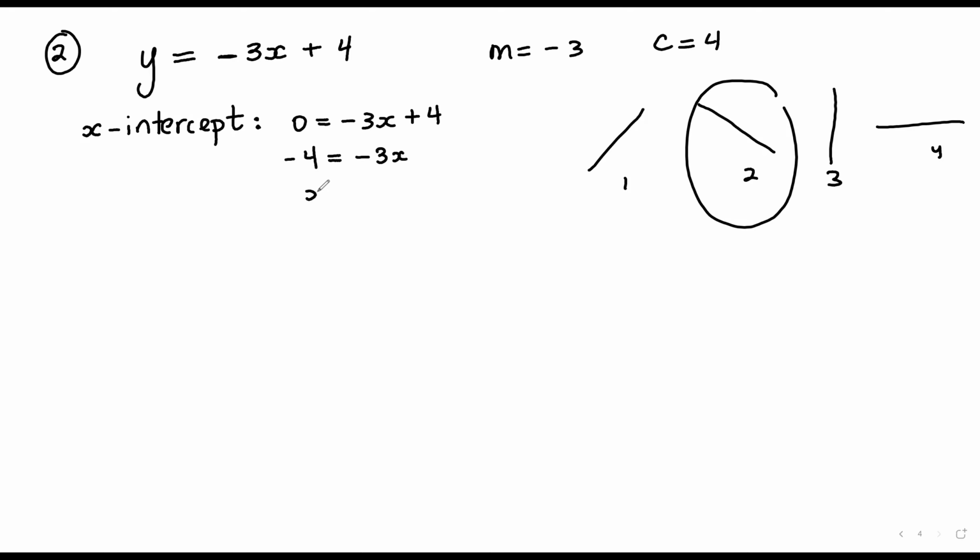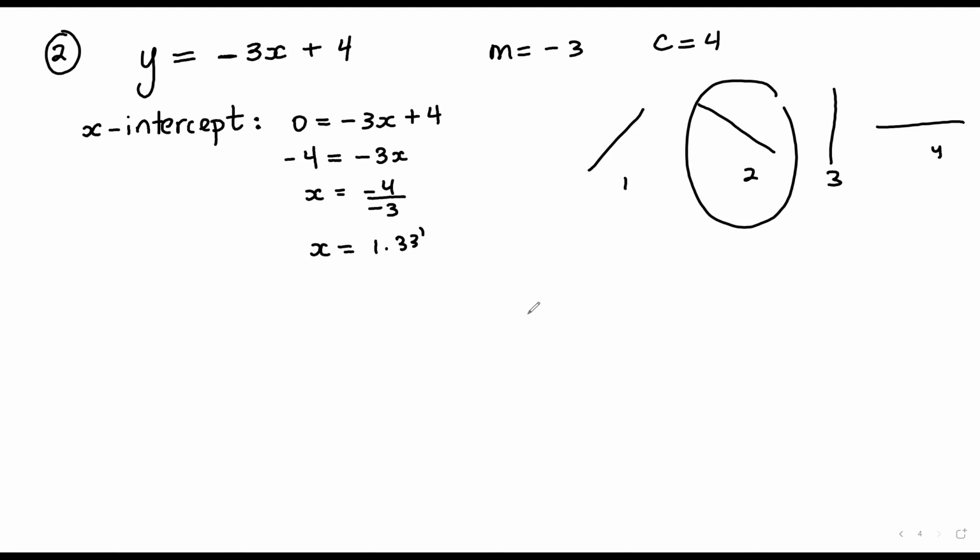And so x is equal to -4 over -3, which is 1.33 recurrent because it's 1 and a third, right? So it's positive because negative divided by negative is a positive. Thank you, Eliana.